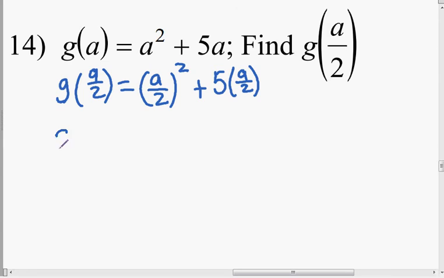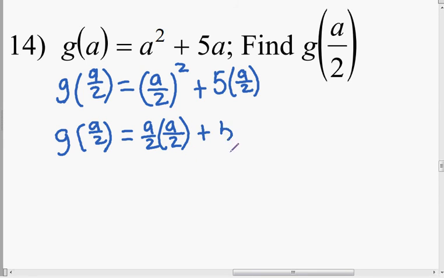If I want a function that relates a over 2 to g, I plug in a over 2, and a over 2 squared means a over 2 times a over 2. I'm being careful to make my a's look like a's, not 9's. These are a times a plus 5 times a over 2.